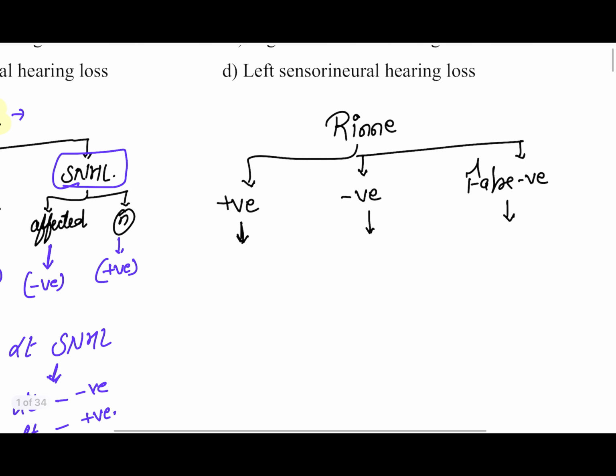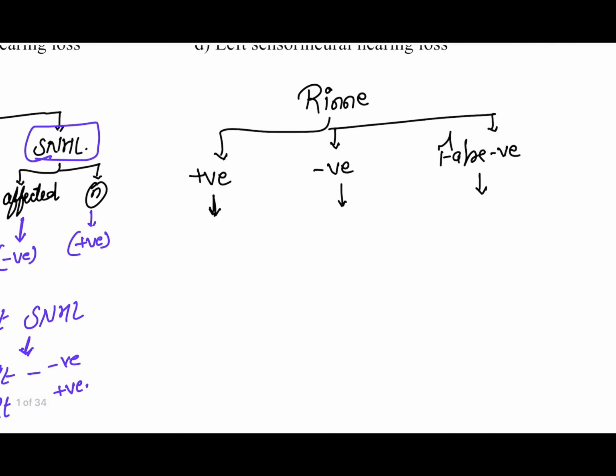We need to check the Rinne test. The Rinne test can show us a positive result, a negative result, and it can also show us a false negative result. The Rinne test is done to compare air conduction with bone conduction. We check whether air conduction is better than bone conduction or not. If it is more than bone conduction, then it is positive.